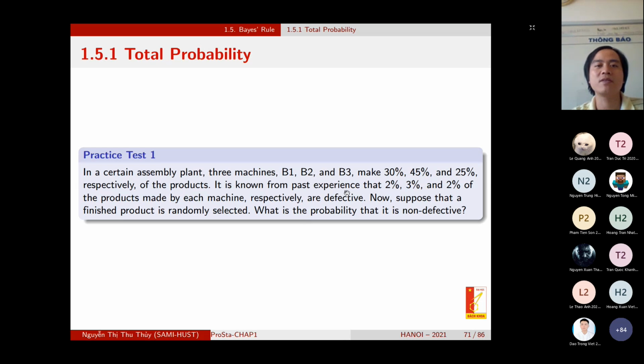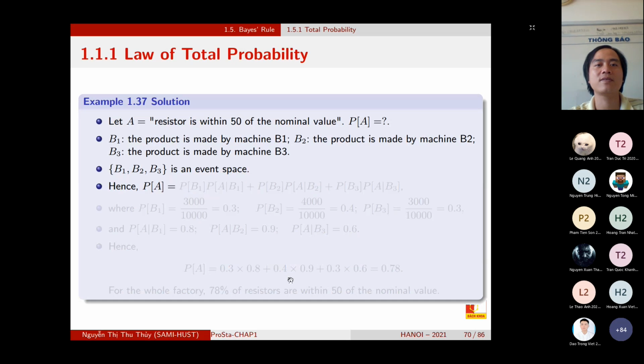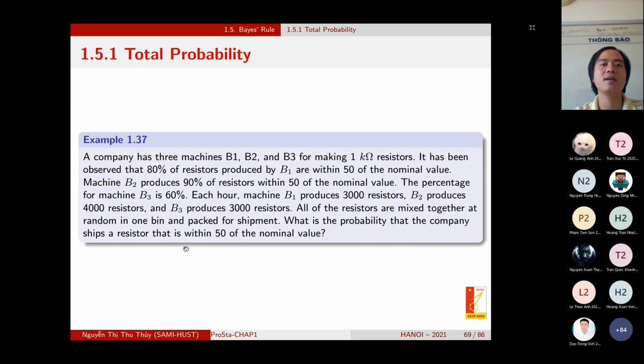Machine 1 produces 80% good products, machine 2 produces 90% good products, and good means acceptable.